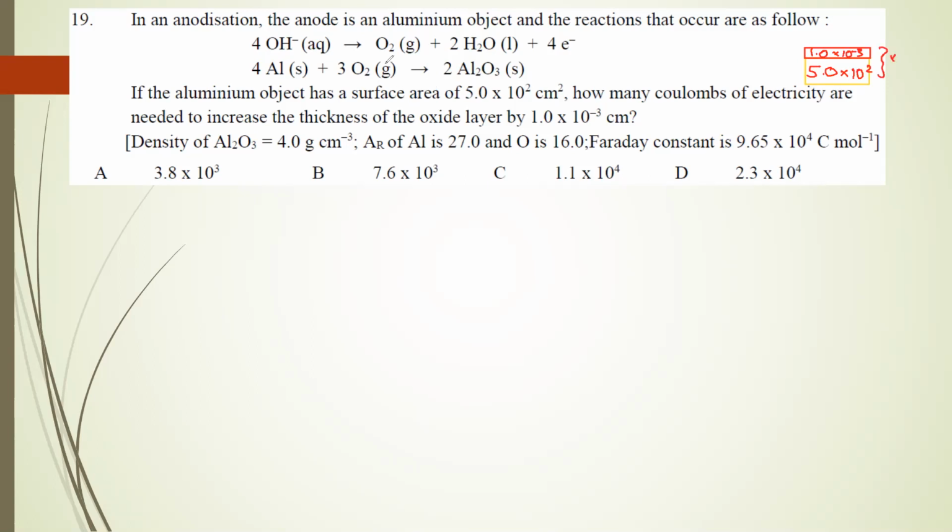You multiply the area by the thickness, and that will be the volume required. Centimeter squared times centimeter gives centimeter cubed. Then you multiply by the density to get the mass.